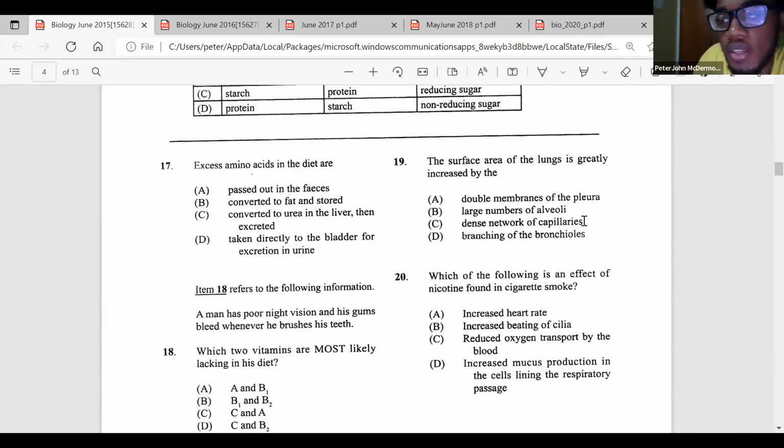Dense network of capillaries. What does this help with, guys? That actually helps with gaseous exchange. Yeah, sure. It helps with gaseous exchange. Because if you have a lot of capillaries there, you have a lot of opportunities for blood to get in and out.